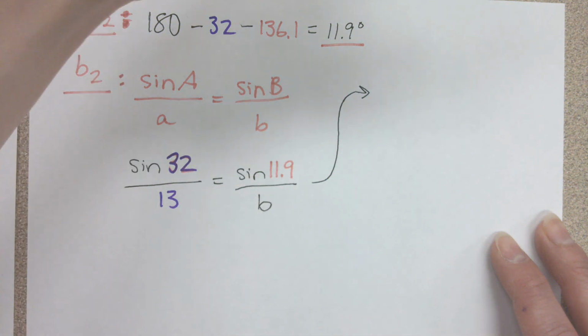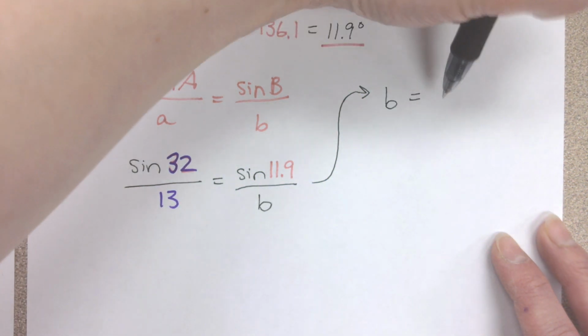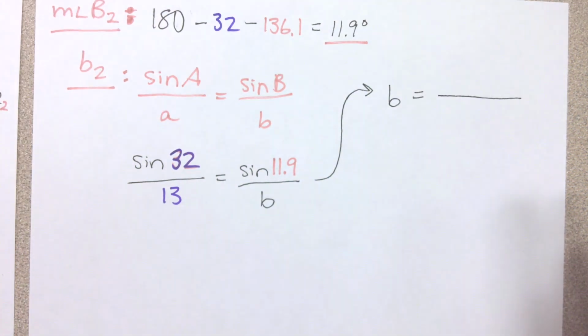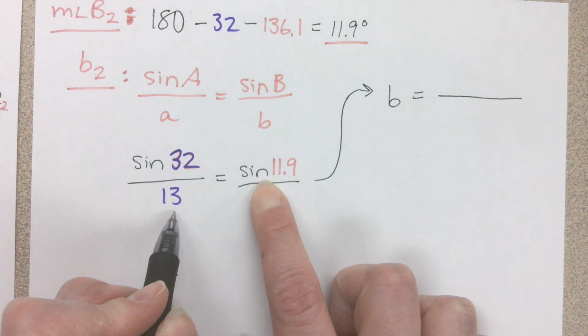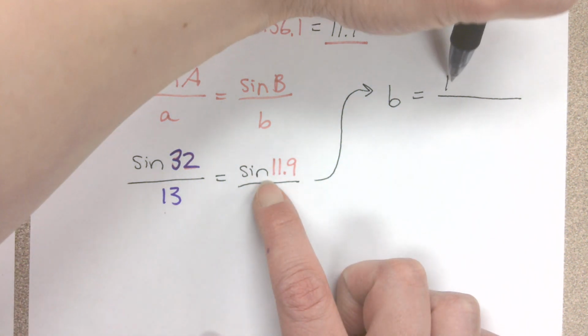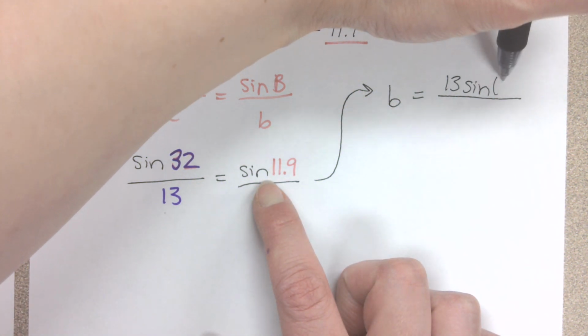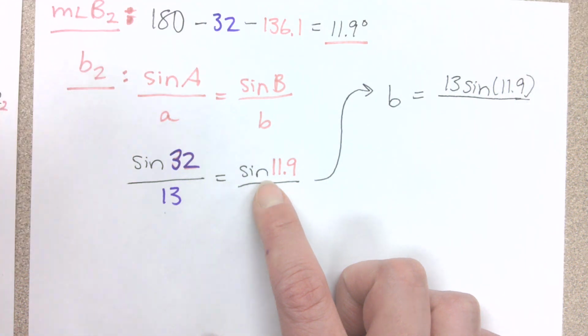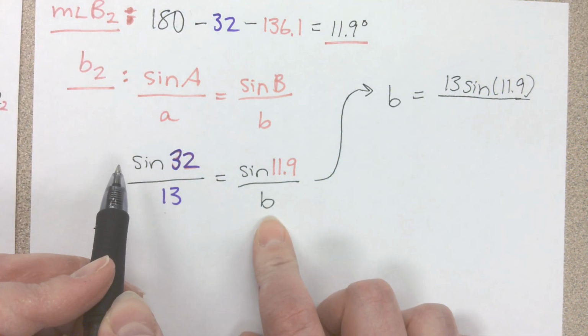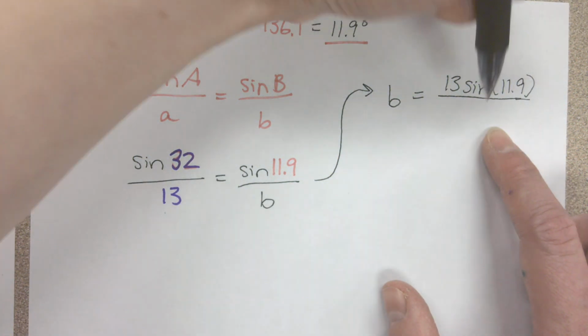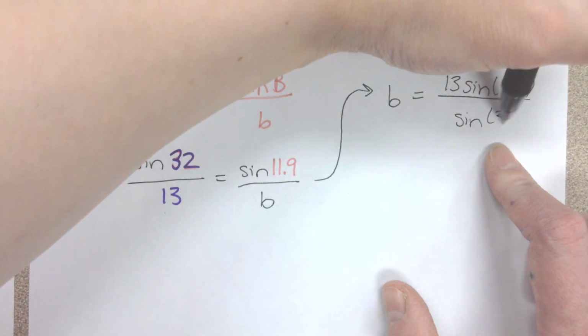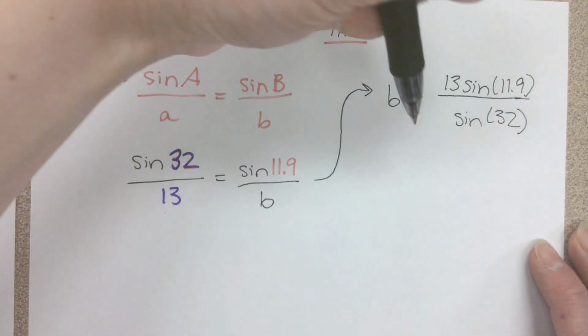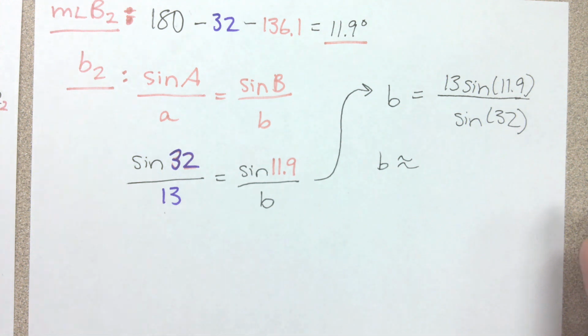After you cross, again, I'm skipping the algebra here. So we cross the two numbers first, 13 and sine of 11.9. Those are going to be multiplied on top. And then on bottom, whatever gets crossed with b, so sine of 32, that gets divided here. And then we round.